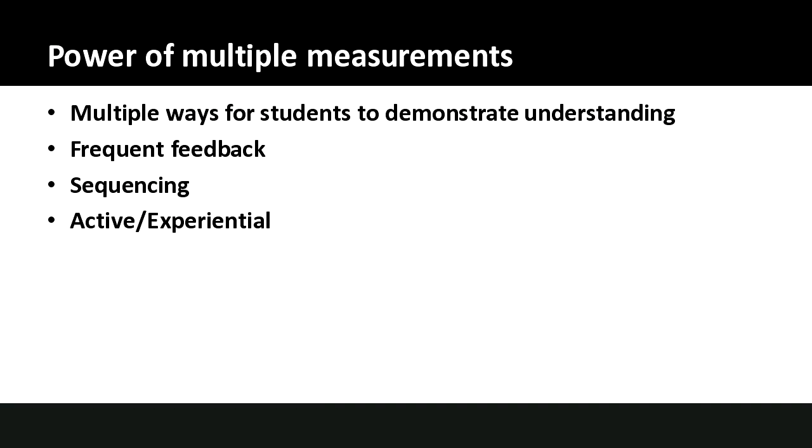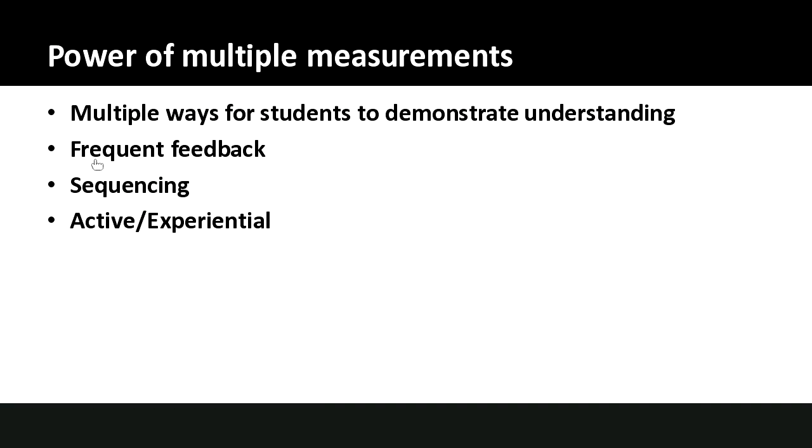In the perspectives example that I was using, I said that there may be different ways, through phases, that the students can demonstrate their understanding. That also ties in with my next bullet point here, which is frequent feedback. If you have multiple ways to measure the students' understanding of something, there are times that you can provide them with feedback for them to continue to improve their work and to benefit from your feedback.